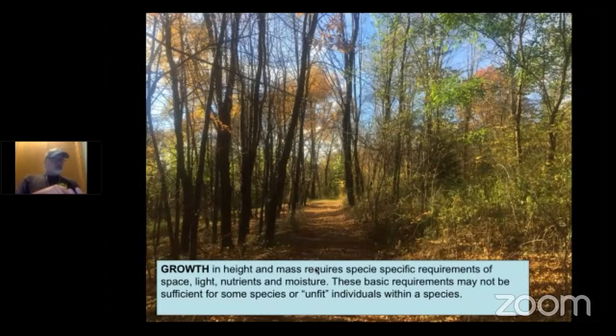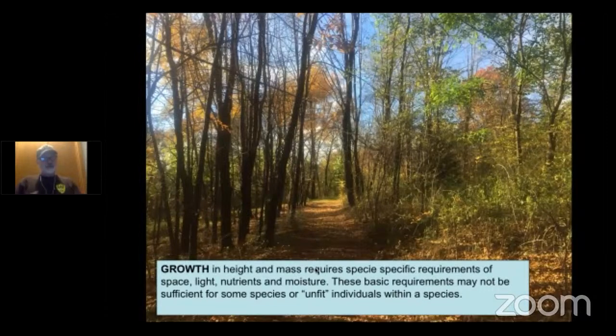So we're going to understand the regeneration process in order to manage our system. We're going to understand how to manage space, light, nutrients, and moisture, and then the other one is that these basic requirements may not be good for certain species or for unfit individuals within that species.